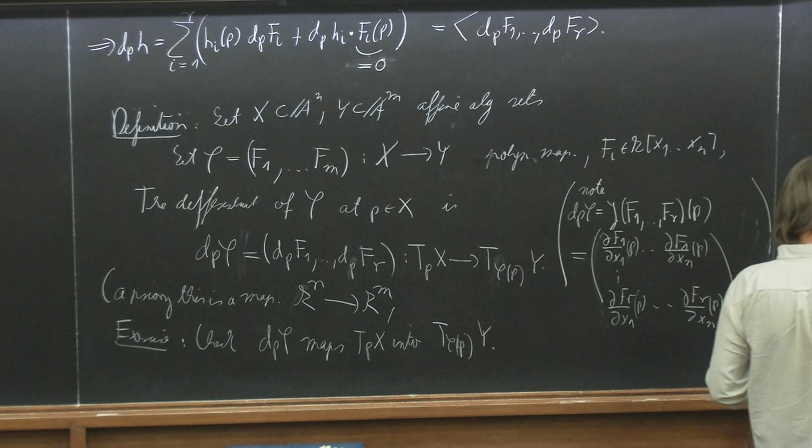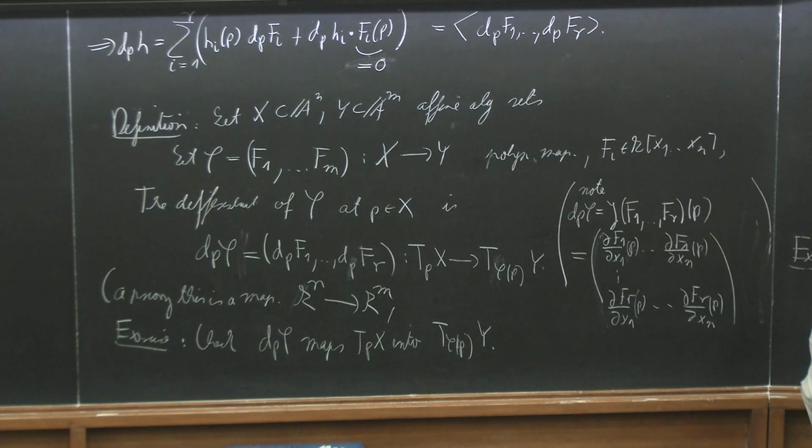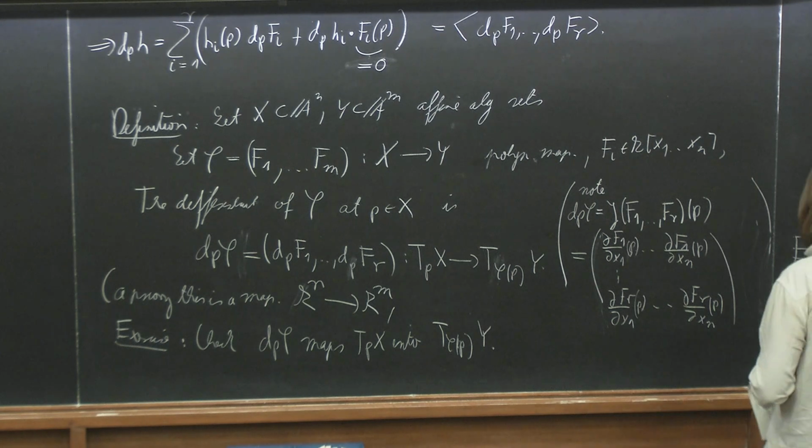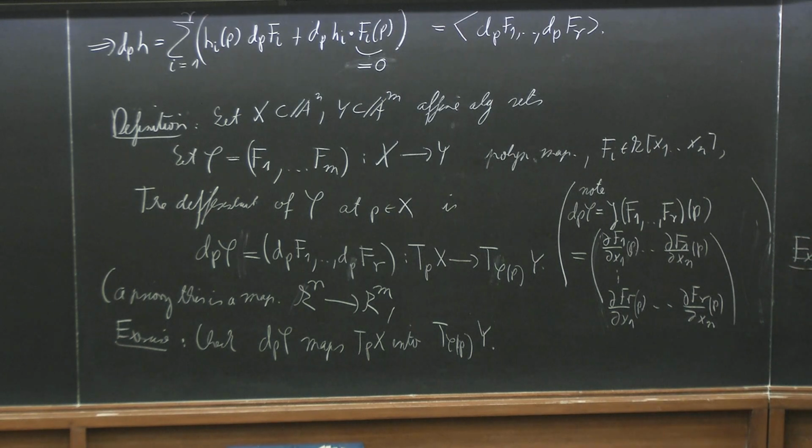So let's say, and now this is not an absolute statement, but often if a morphism phi from X to Y, say a surjective morphism, is not an isomorphism, then either phi is not injective, or the differential d_p phi is not injective.